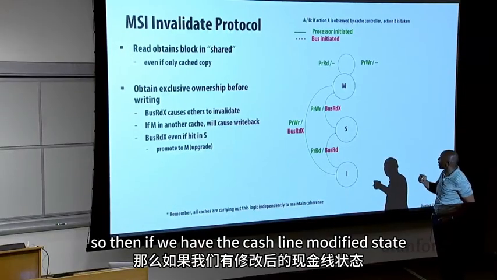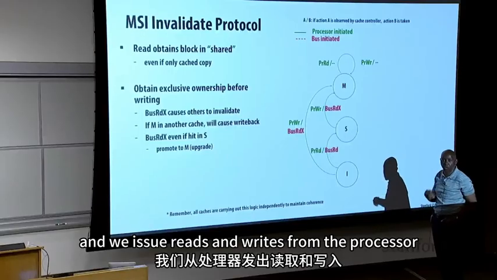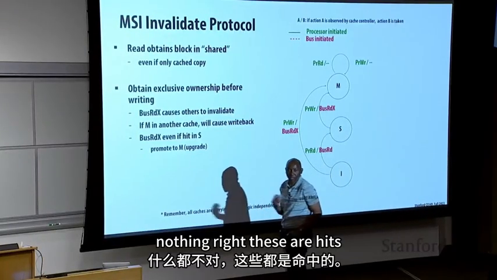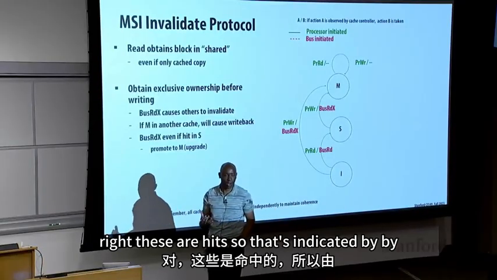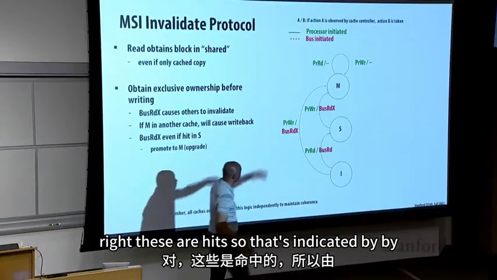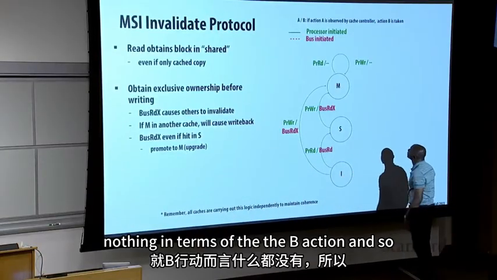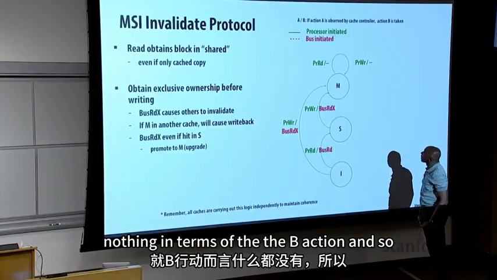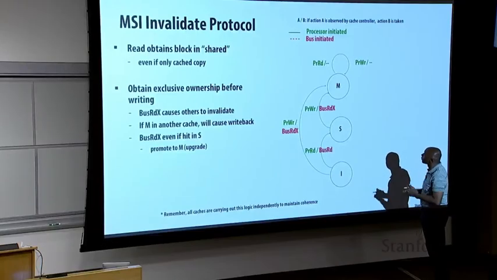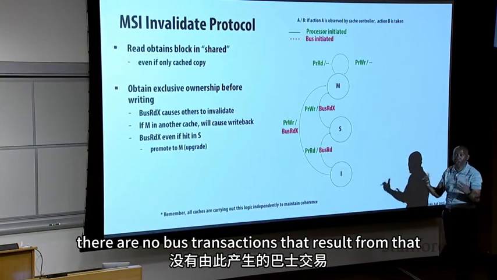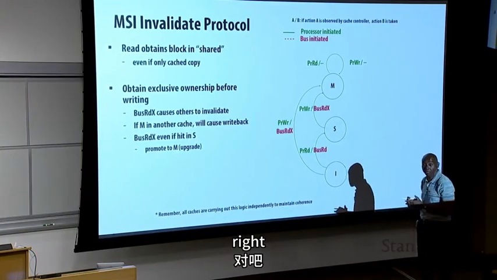So then if we have the cache line in modified state and we issue reads and writes from the processor, what happens? Nothing, right? These are hits, so that's indicated by nothing in terms of the B action. And so you can do whatever you like in modified state, and there are no bus transactions that result from that, right?